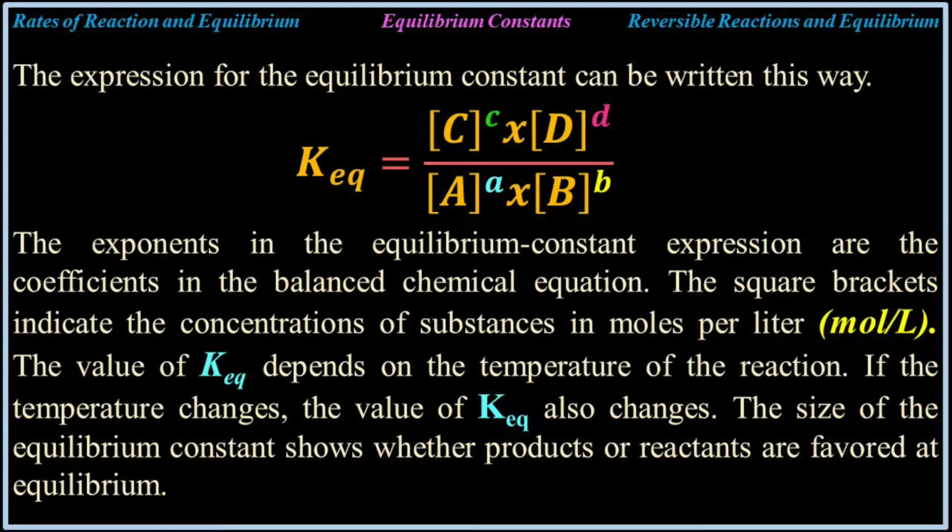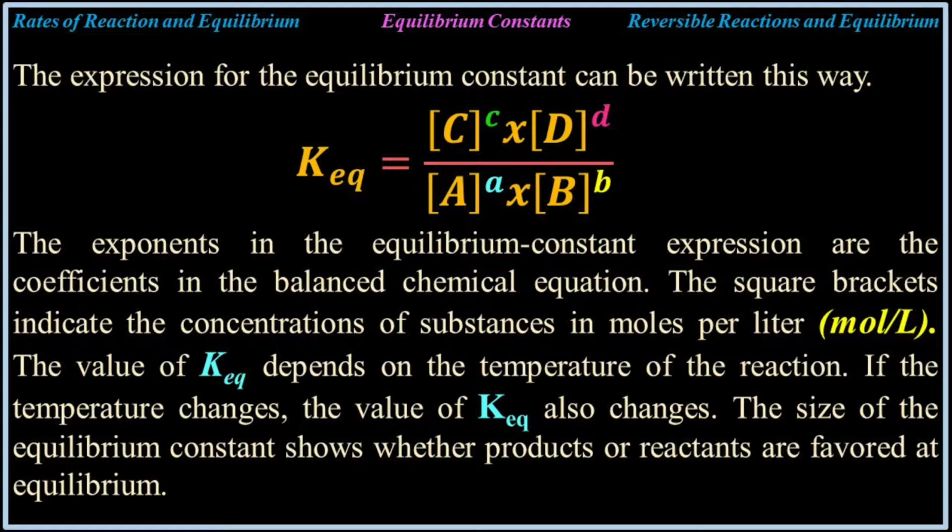Keq equals the molar concentration of C raised to c moles times the molar concentration of D raised to d moles, all of that divided by the product of the molar concentration of A raised to a moles times the molar concentration of B raised to b moles.